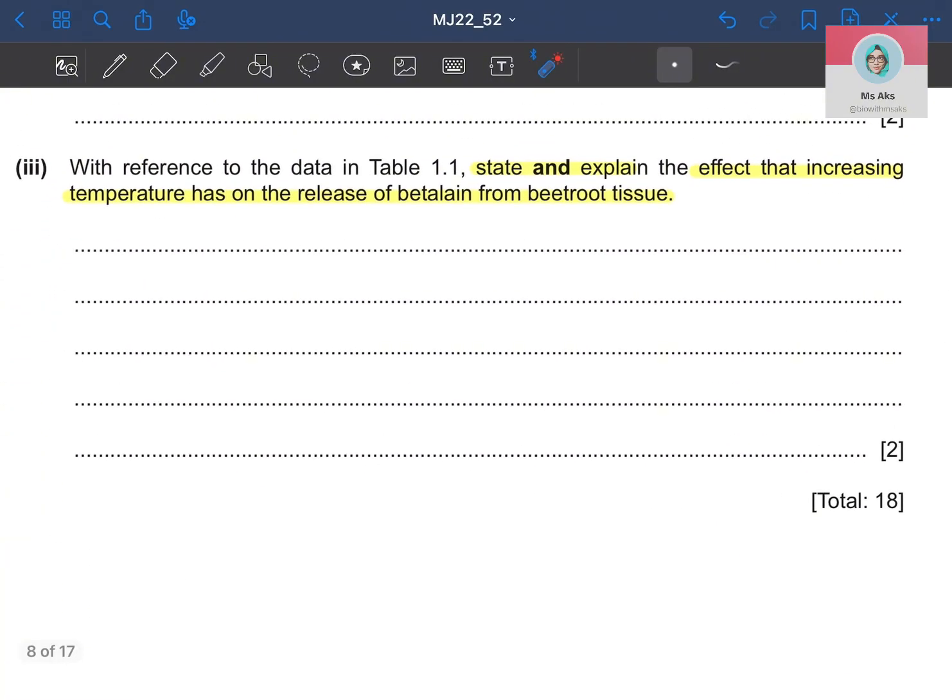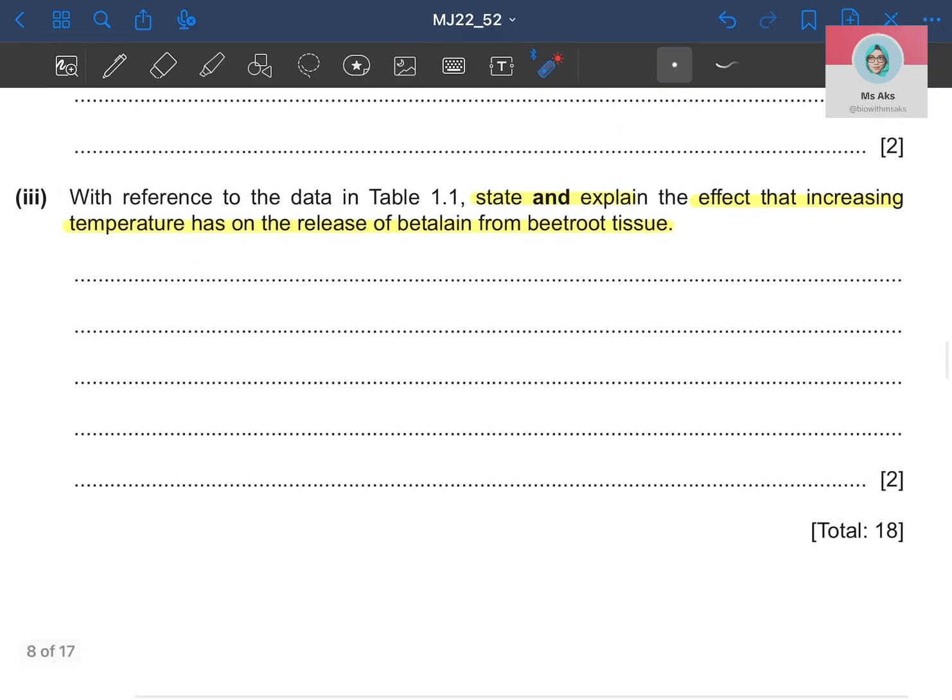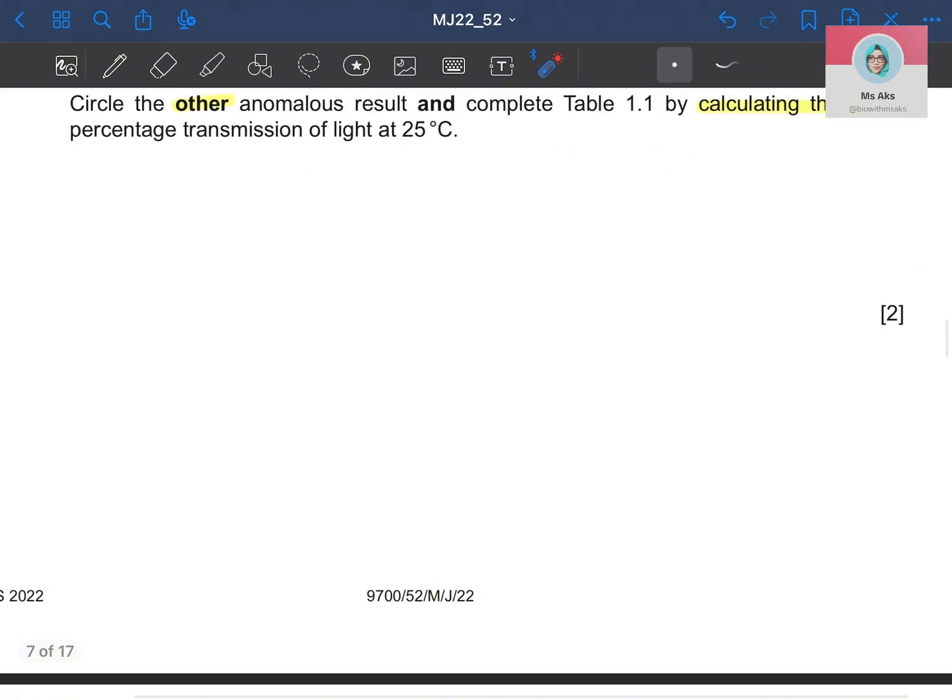Okay, with reference to table 1.1, state and explain the effects that increasing temperature has on the release of pigment from beetroot tissue. So let's look at the table. What sort of pattern can we see?